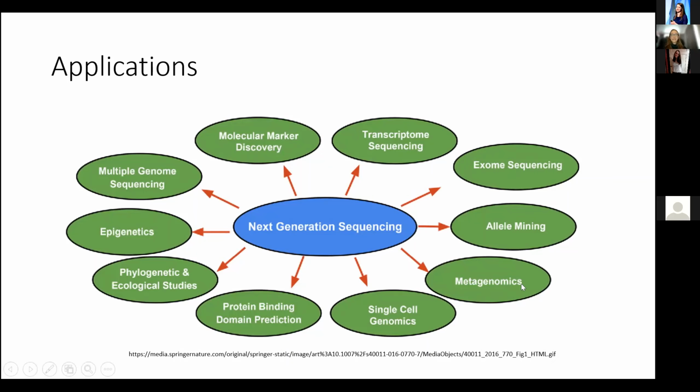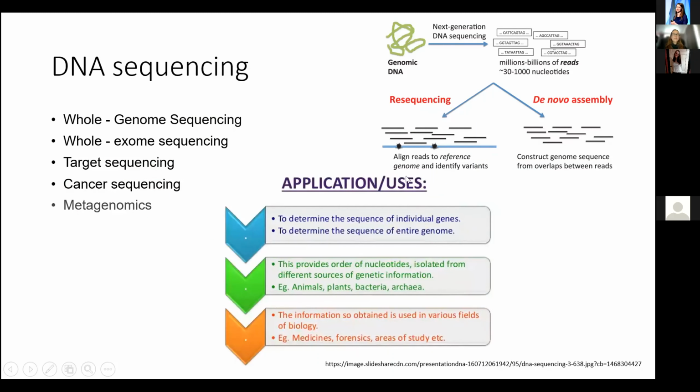As in the previous presentation, we saw what can be the usage of the data gained from metagenomics, single cell genomics, epigenetics, and so forth. DNA sequencing can mostly be divided into two categories: de novo and resequencing.